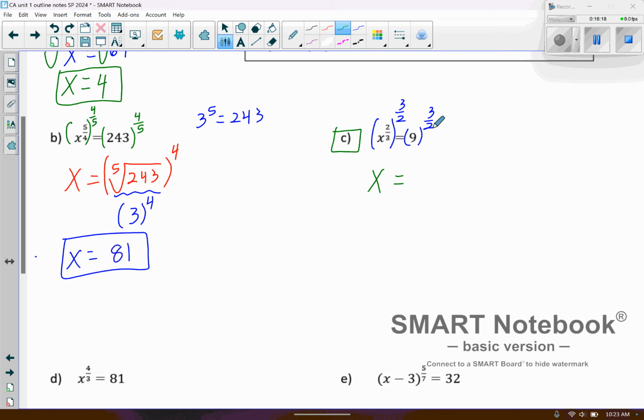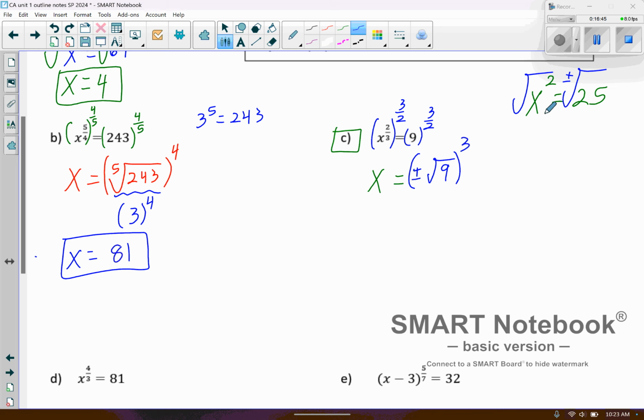If you remember when we had problems like this, x squared equals 25, this is from a previous lesson, you would square root, and you had to put the plus or minus. Well, that's basically the same thing that's going on here. Technically, I'm taking the square root of both sides, so I have to put plus or minus the square root of 9, and then once I figure that out, we're going to raise it to a power of 3.